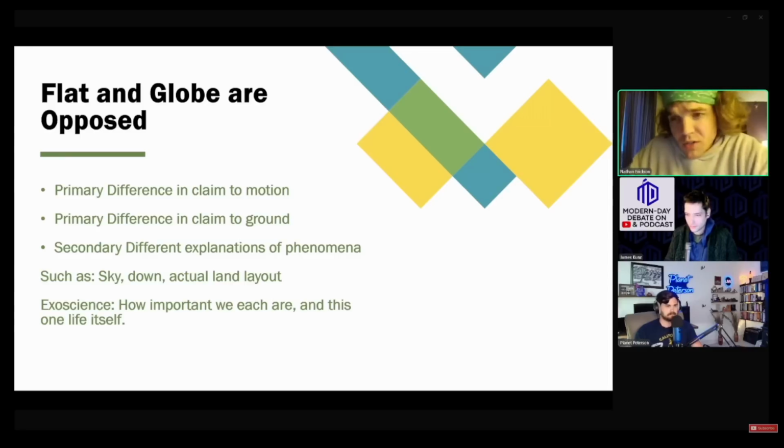And then there is also the exoscience, which is how important we each are, and this one life itself that we have, this one existence as we pass through. And there are tremendously different implications.